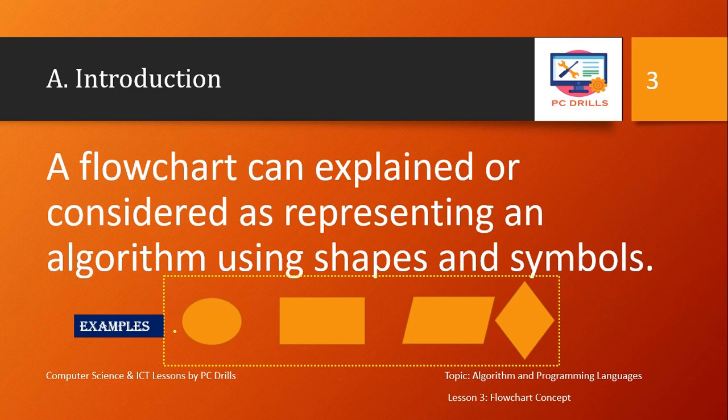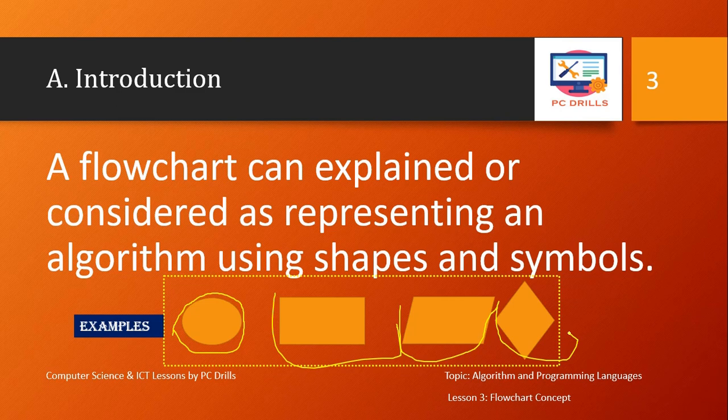For the shapes and symbols, you can have something like a circle, you can have a rectangle, you can have a parallelogram, and you can also have this diamond shape. Each of these shapes has a particular option that it represents. So you cannot use a circle to represent what a rectangle is being used to represent.